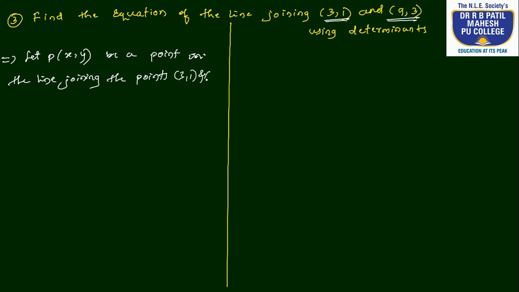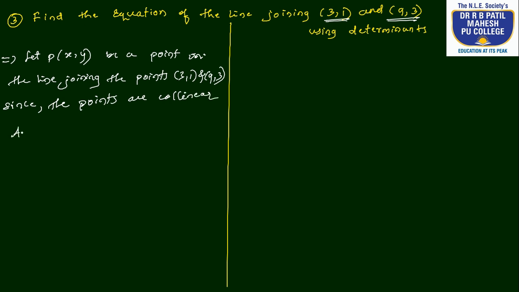Okay, so that these points will become, since the point P is also on the line, therefore the points are collinear. If the points are collinear, then as I told you, the area of the triangle is going to be 0.